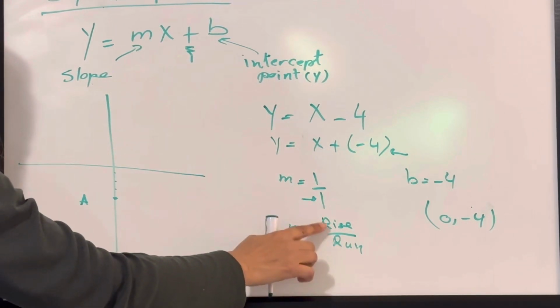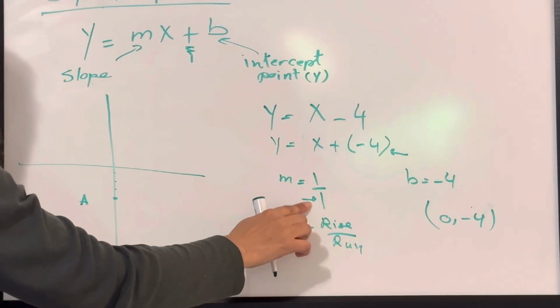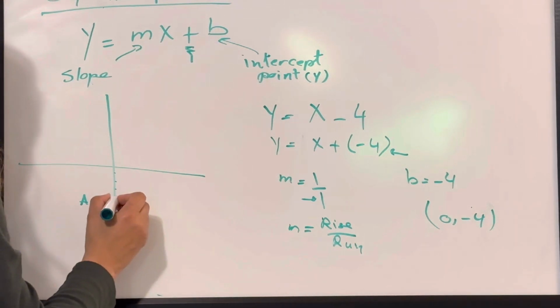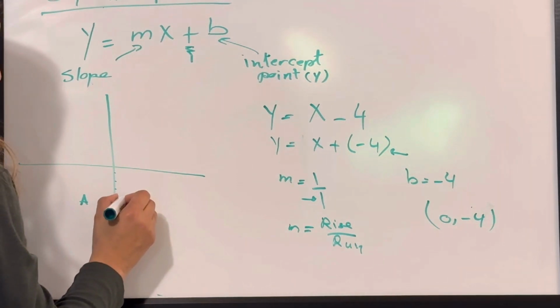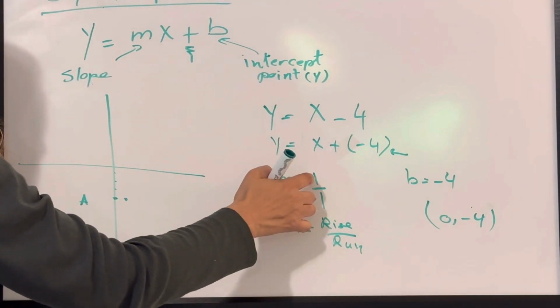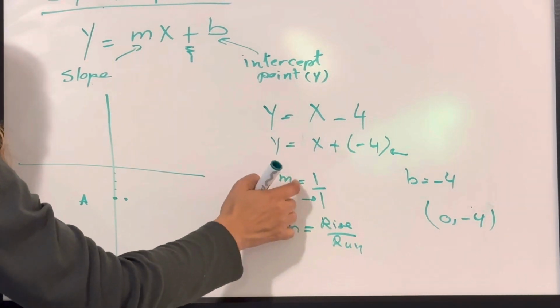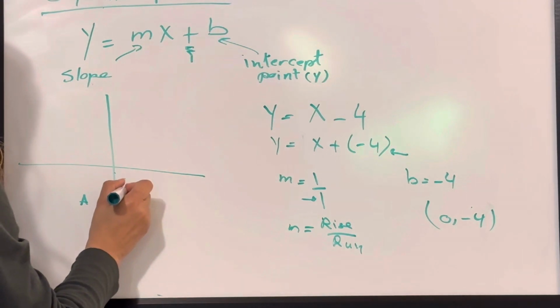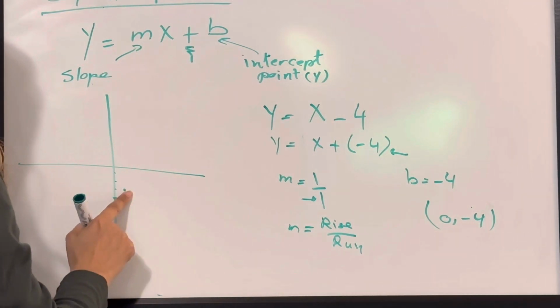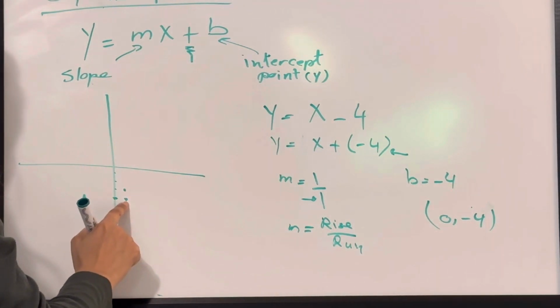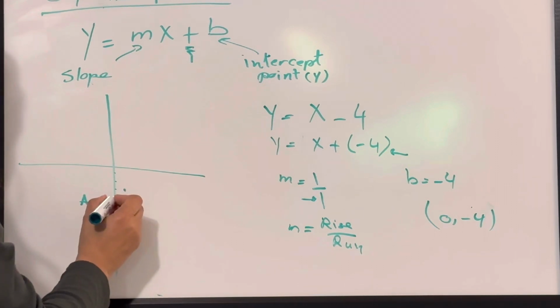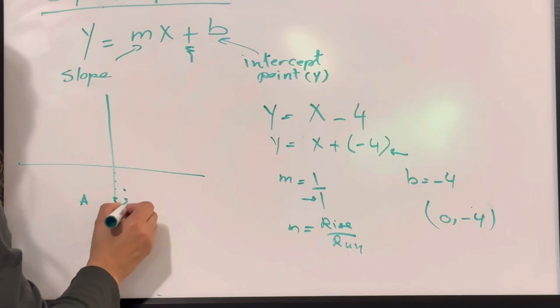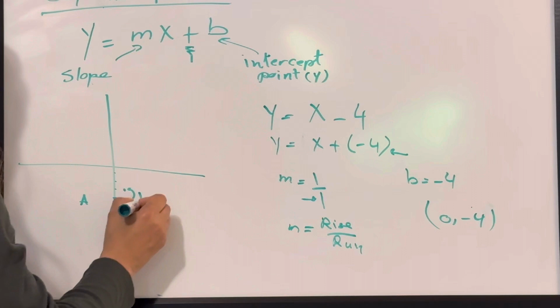Slope is rise over run. I will do the run first, which is 1. And now I'm going up because the slope is positive, so I'm going up 1. So I moved 1 run, 1 rise. So here is 1 for run, 1 rise.